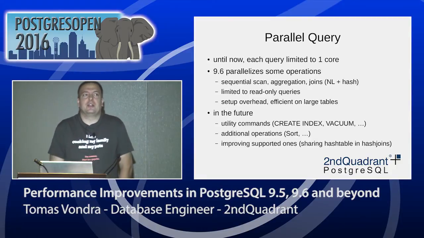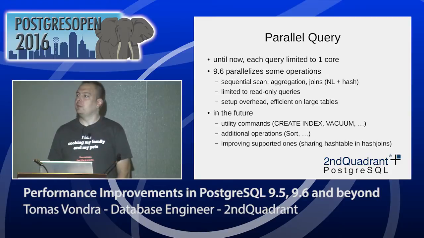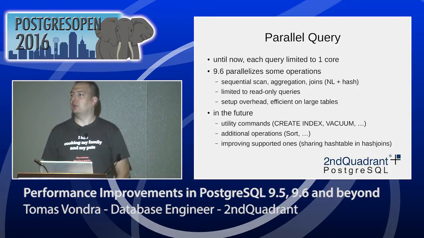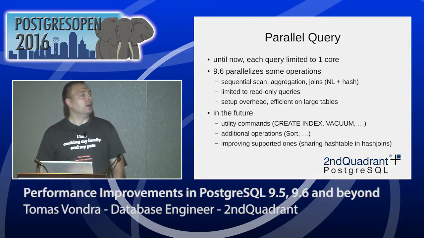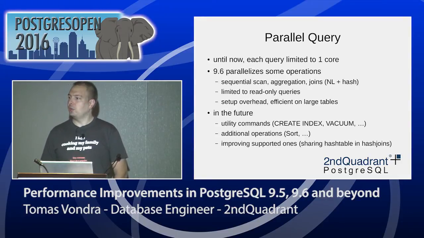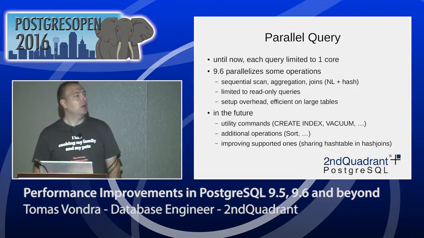It's difficult to say that it's a complete solution because we can only parallelize a subset of the operations so far. So we can parallelize sequential scan, we can parallelize aggregations, we do have implementation of nested loop and hash joins that can be parallel.